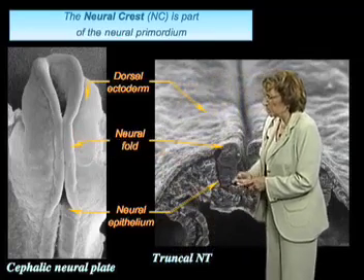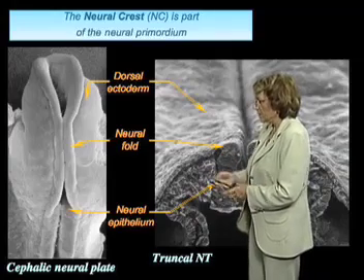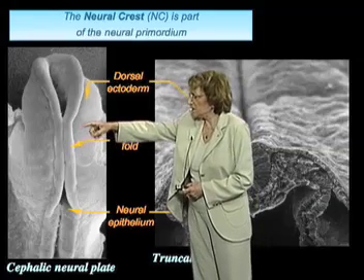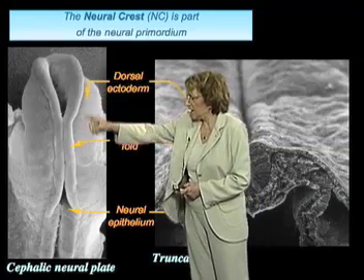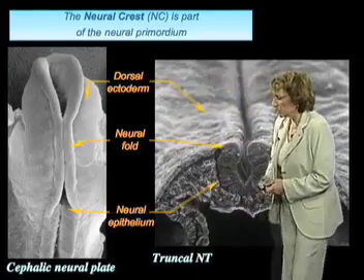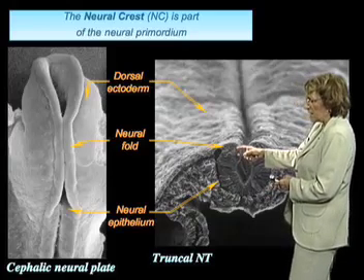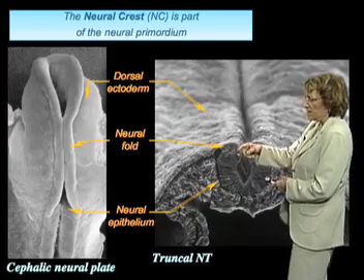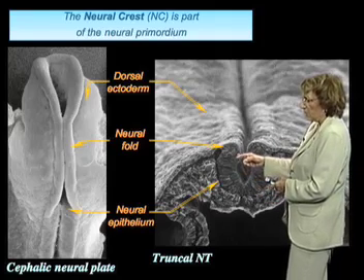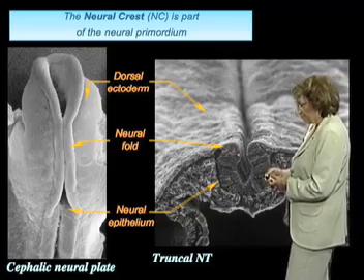Closure of the neural tube starts at the level of the mesencephalon, that you can see here, and then proceeds rostrally and caudally along the future spinal cord. In the spinal cord, the neural folds are less conspicuous than at the head level. However, the process of closure of the neural tube proceeds in the same way.